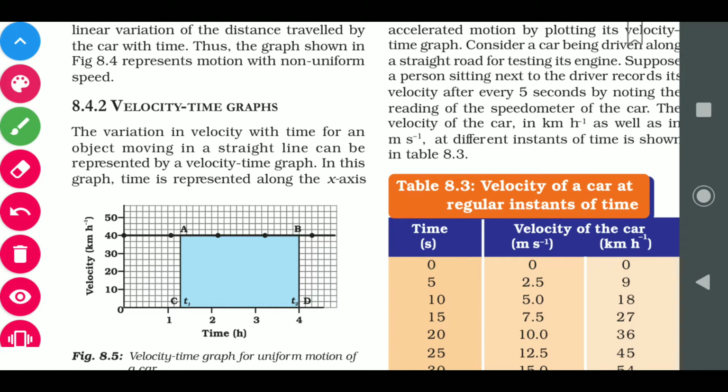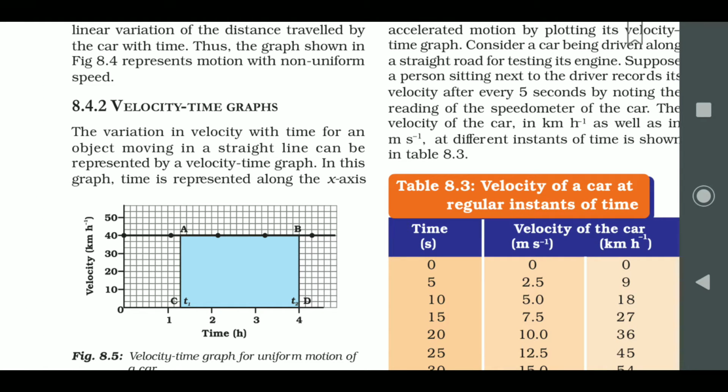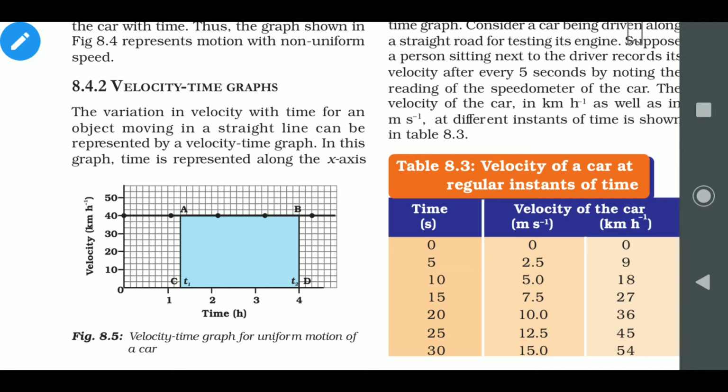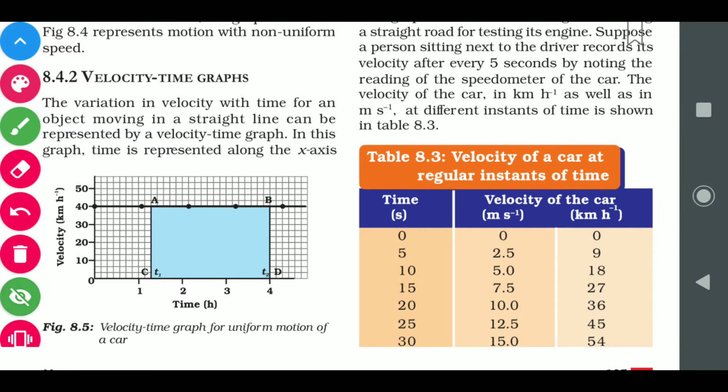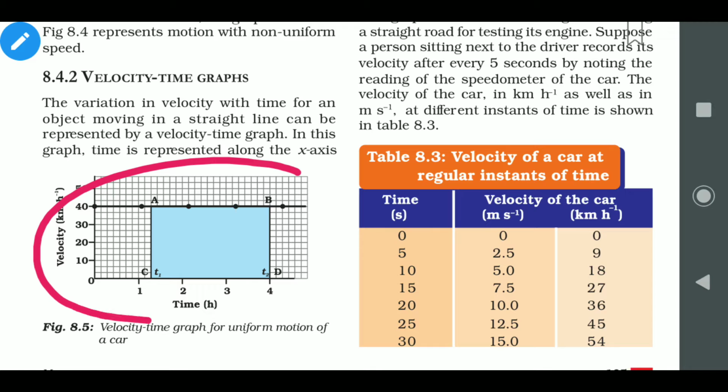For the velocity-time graph under uniform velocity, it will be a line parallel to the time axis. In this figure you can clearly see a velocity-time graph.